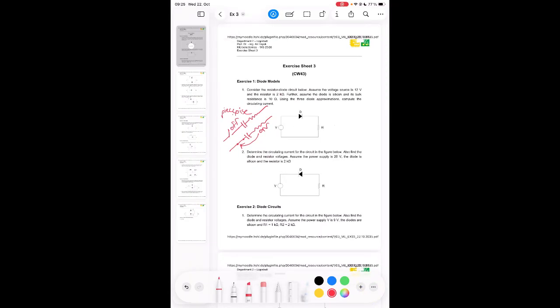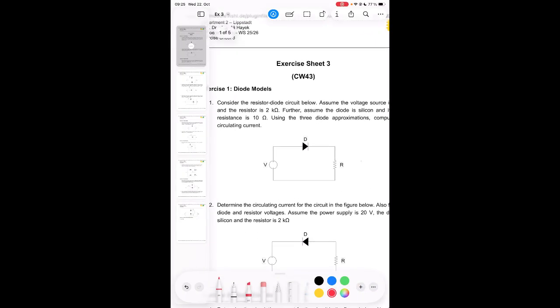Good. Those are the three models. In order to solve this mini circuit, we have to decide at the beginning, for example, how the current is flowing. In our diode, this side is the positive side, the anode, and this is the cathode, this is our voltage.